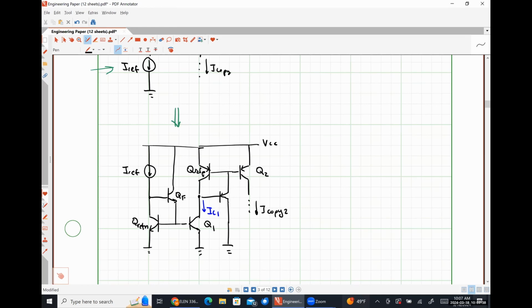All right, so let's make our lives way easier and look at MOSFETs.